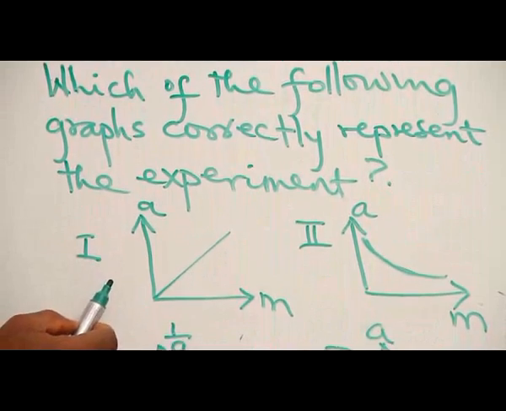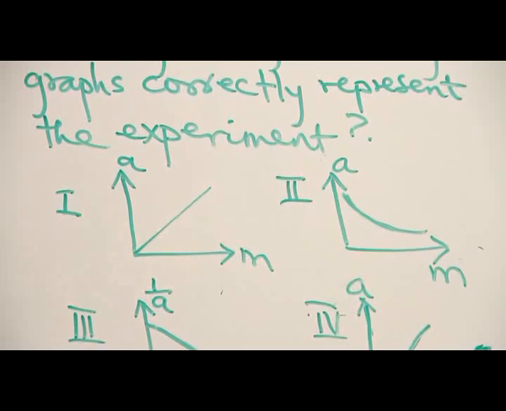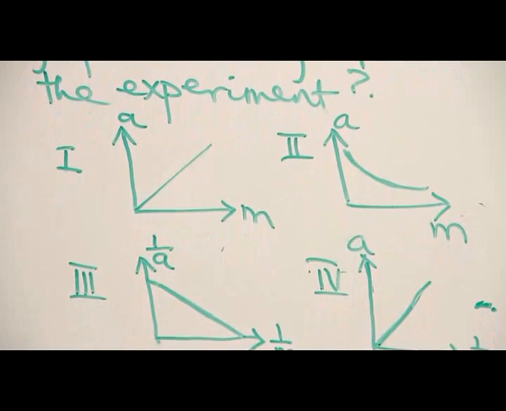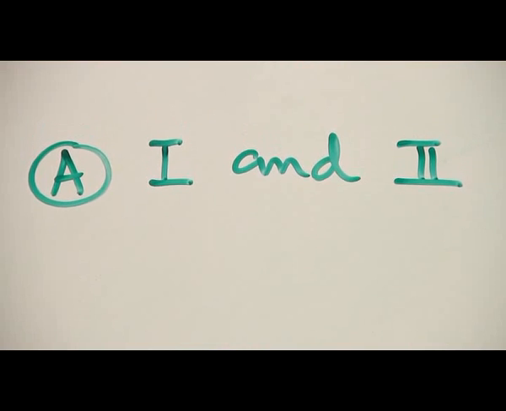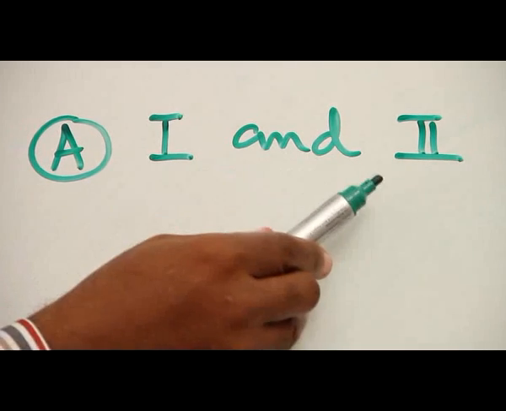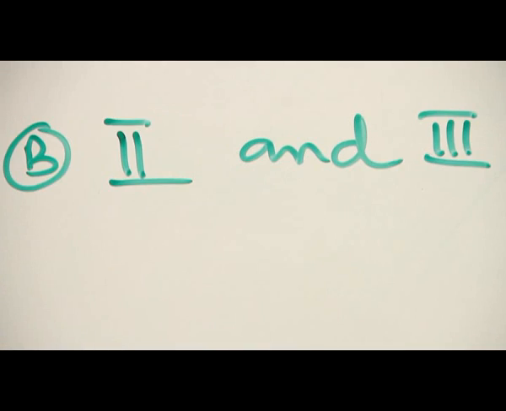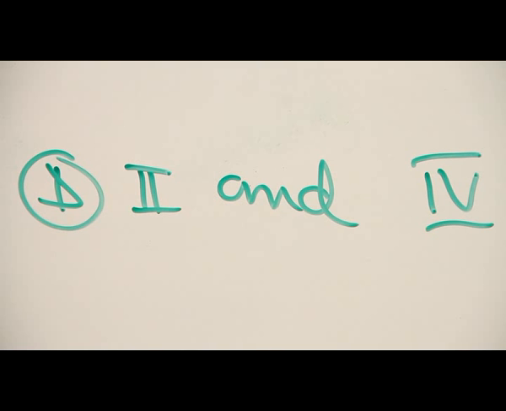Graph 1 is a graph of acceleration against mass. The options are A, 1 and 2; B, 2 and 3; C, 3 and 4; D, 2 and 4.